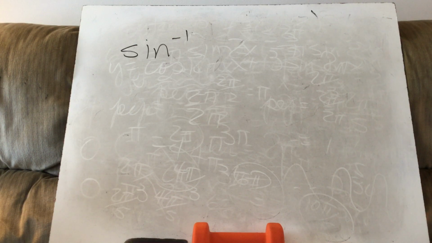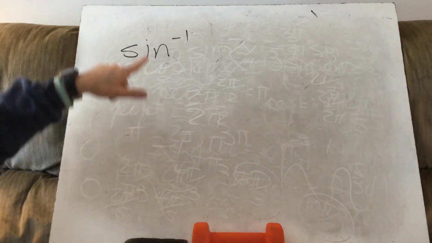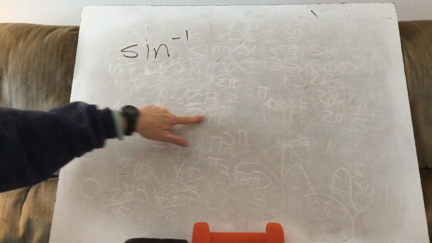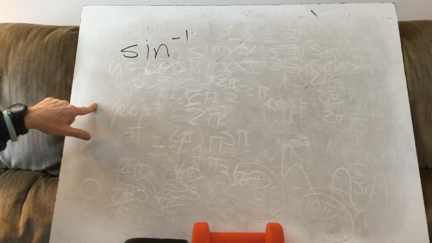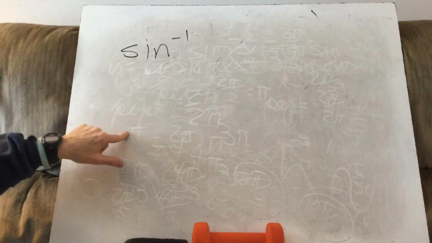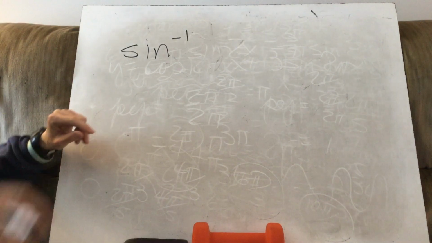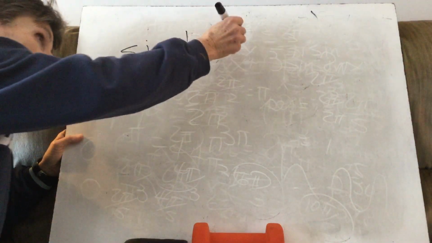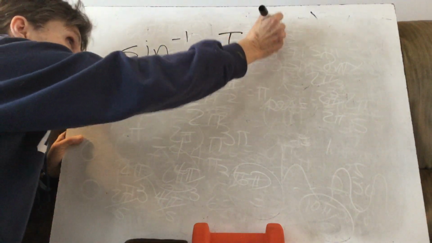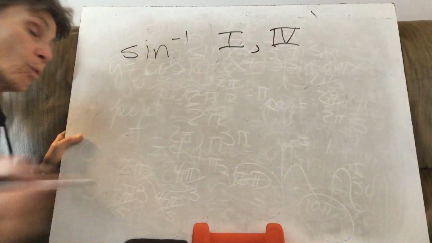Remember that problem A means find the angle whose sine is √3/2. There is only one such angle when you use that notation. So we're not going to set up the whole coordinate plane and look all around for where it is. There's only one. This notation means you are either in quadrant 1 or quadrant 4.